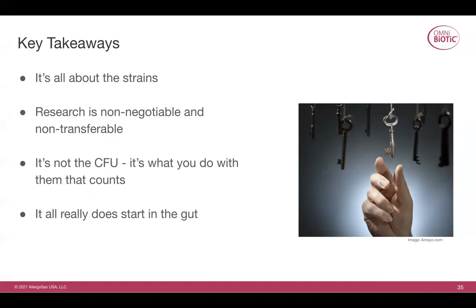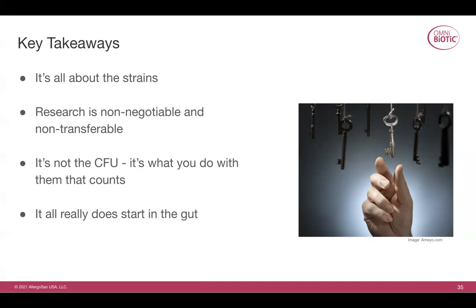Even small pilot or case studies are good for you to see this information. Obviously, we all have our own individual threshold for evidence. Number three, it's not the CFU, it's what you do with them. All the studies showcased today used between 3 and 15 billion CFU products. I would say those studies showed a significant amount of efficacy of the product for the specific and targeted outcomes.